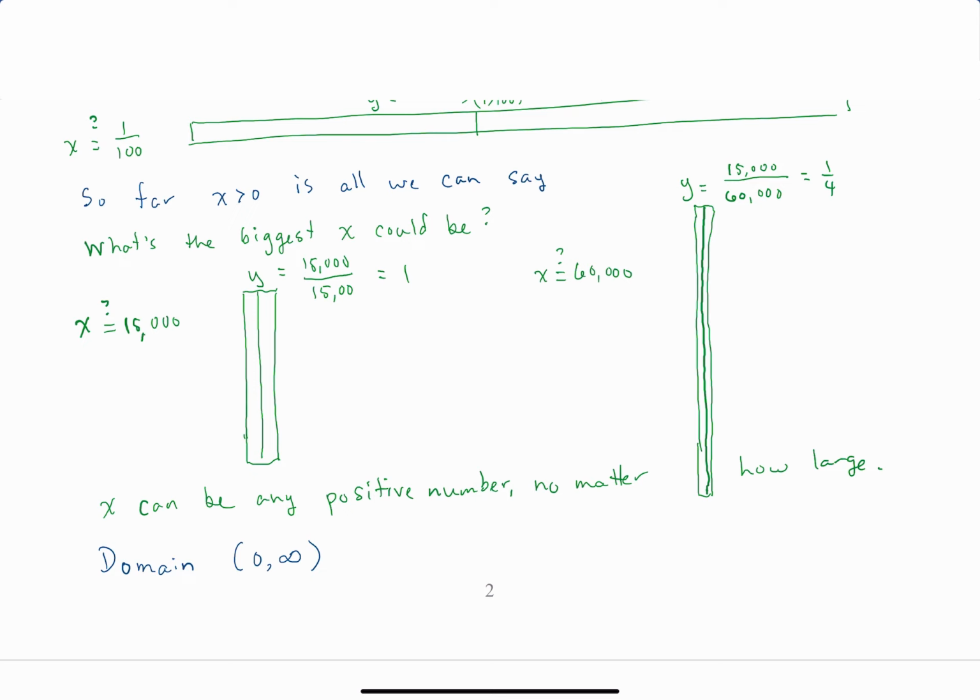Notice this is not a closed interval. It doesn't have 2 endpoints that it contains. So we cannot use the closed interval method.